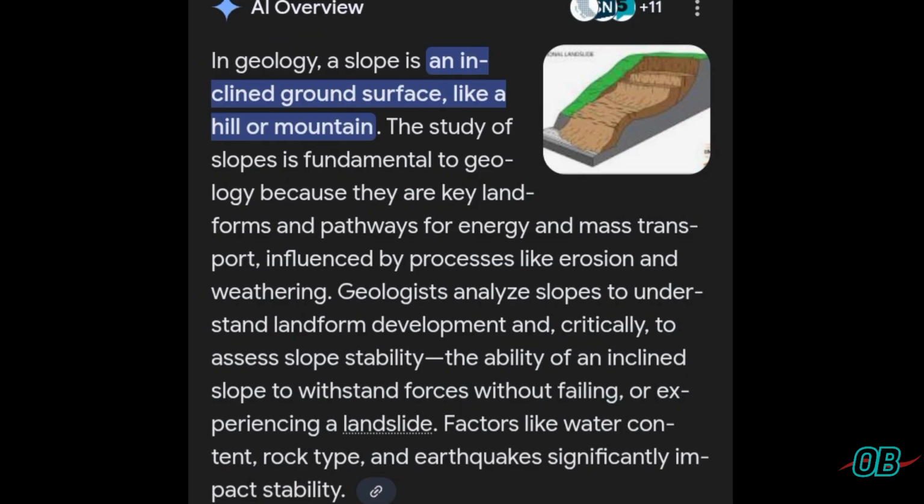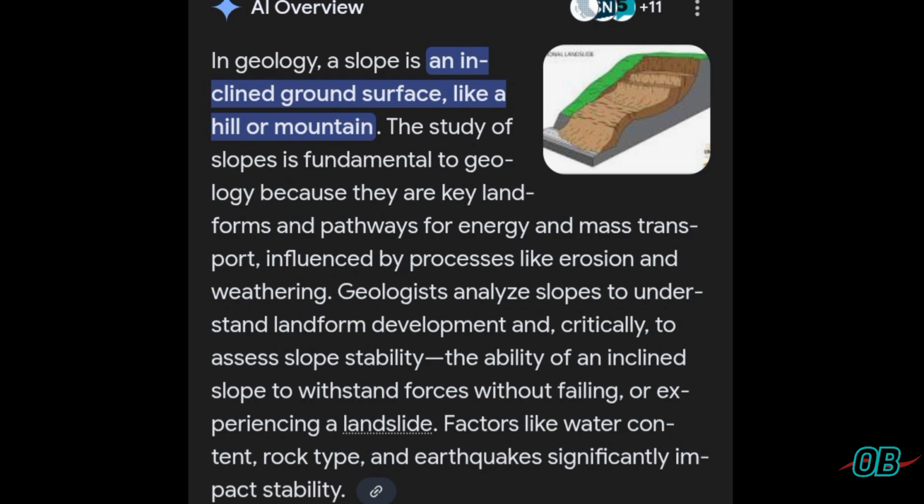Slope. In geology, it is considered as an inclined ground surface, such as a hill or mountain. The study of slopes is fundamental to geology because of the key landforms and pathways for energy and mass transport, influenced by processes like erosion and weathering. Now, water is a key erosive and weathering force.